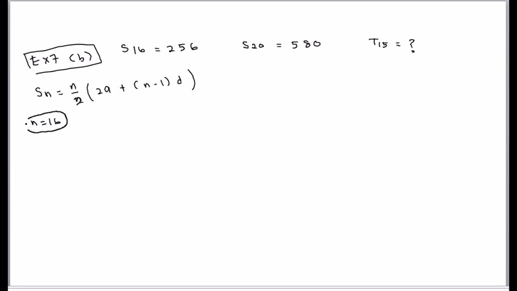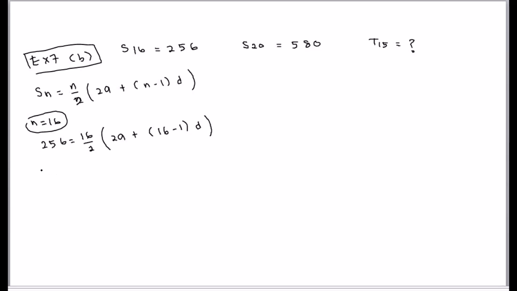When n equals 16, 256 equals 16/2 times 2a plus 16 minus 1 d.